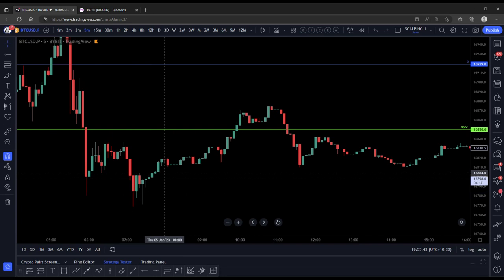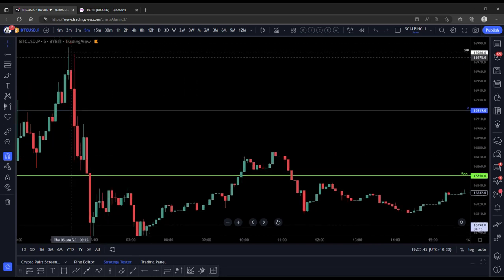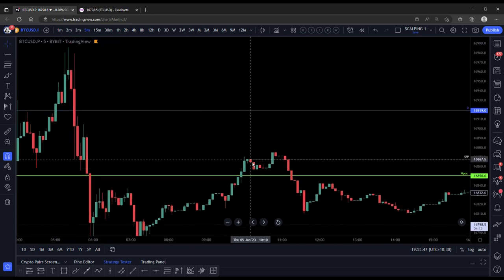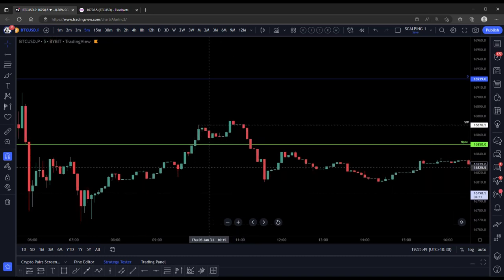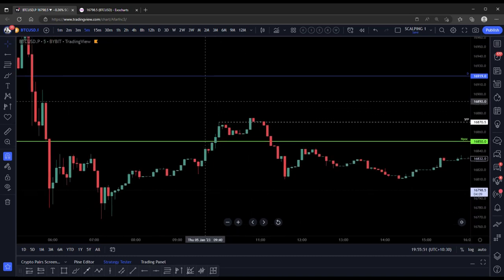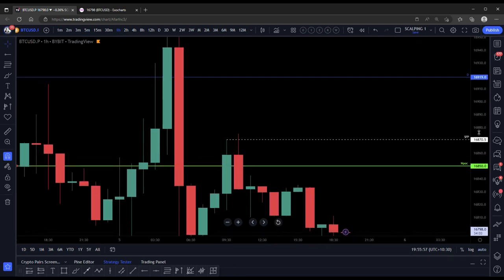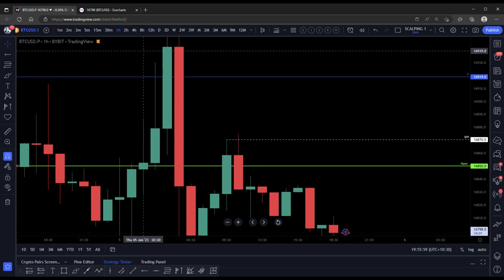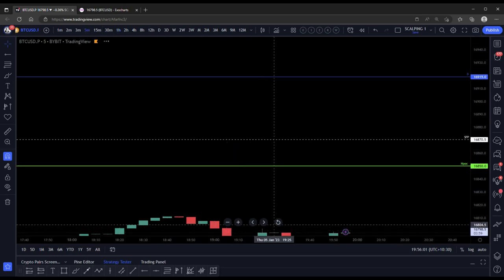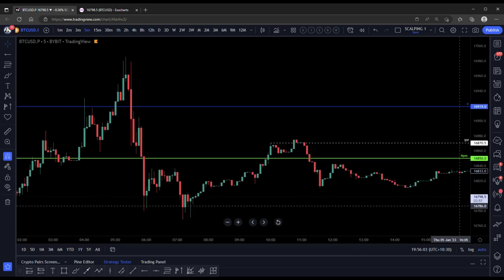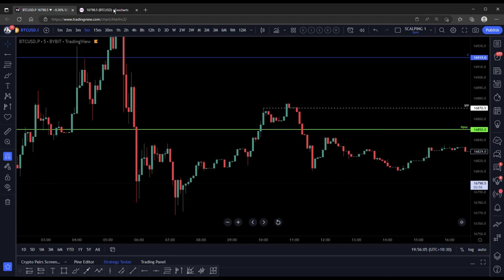So what we're looking for is an SFP of this level. Go 1 hour SFP. Go to the 5 minute. Same deal.